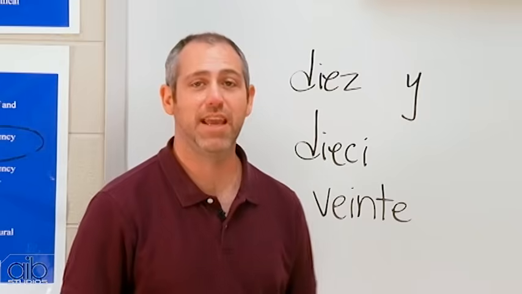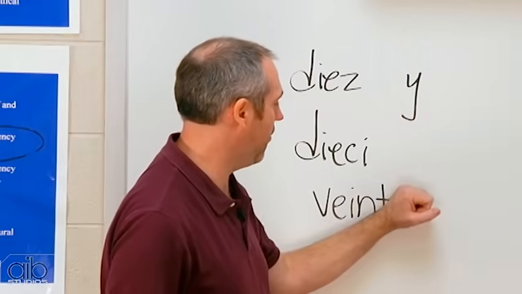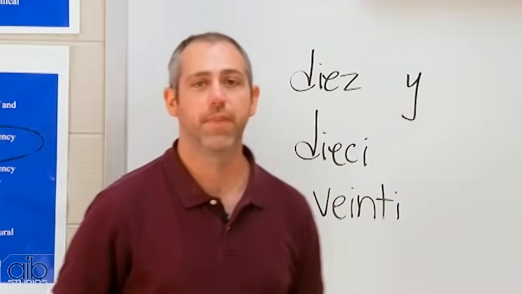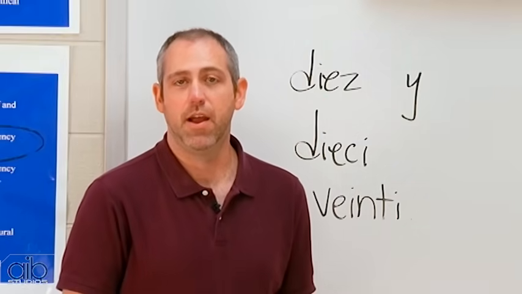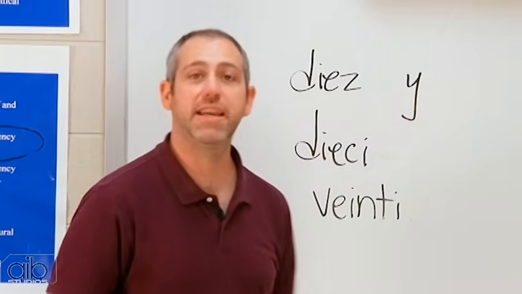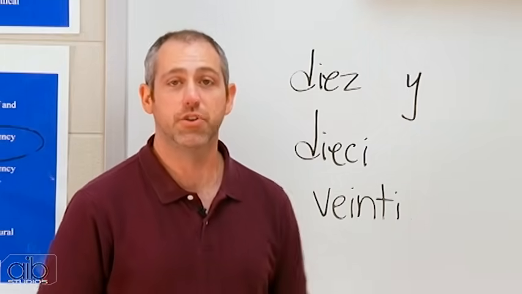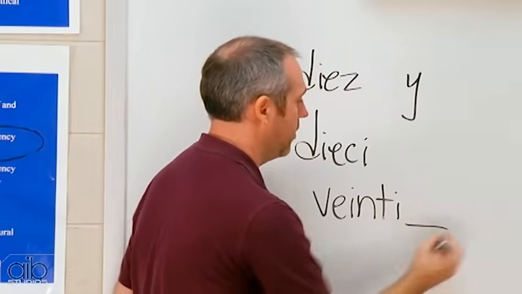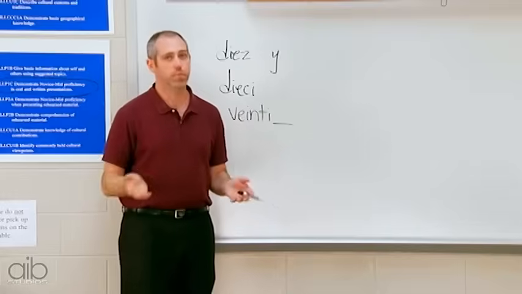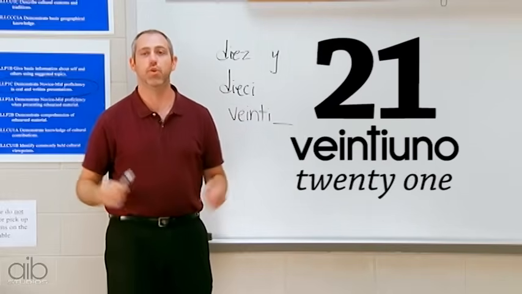All we have to do is take this E at the end of 20 and change it to an I. So now it becomes veinti. And so once you have that slight change, you're ready to count all the way to 29. So we just simply need to add 1, 2, 3, all the way through 9. So 21, you're probably figuring it out already, veintiuno.